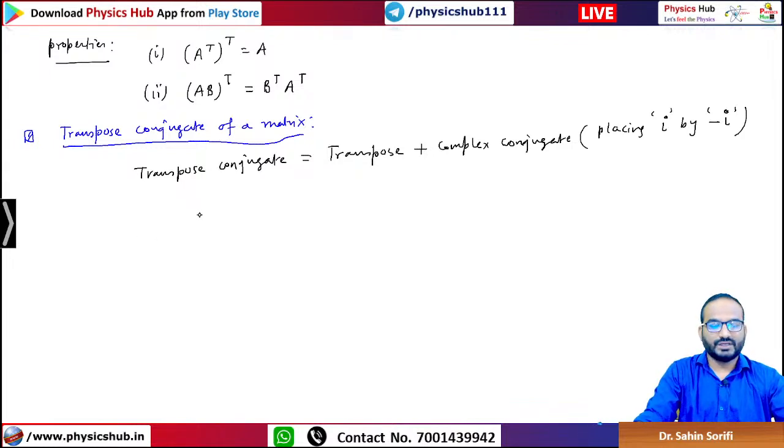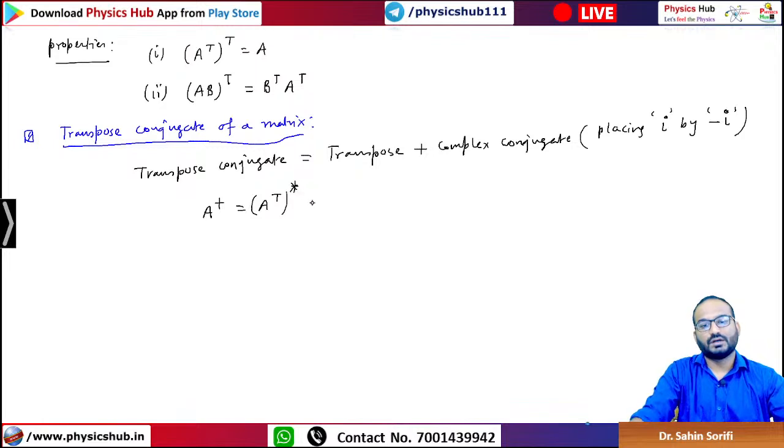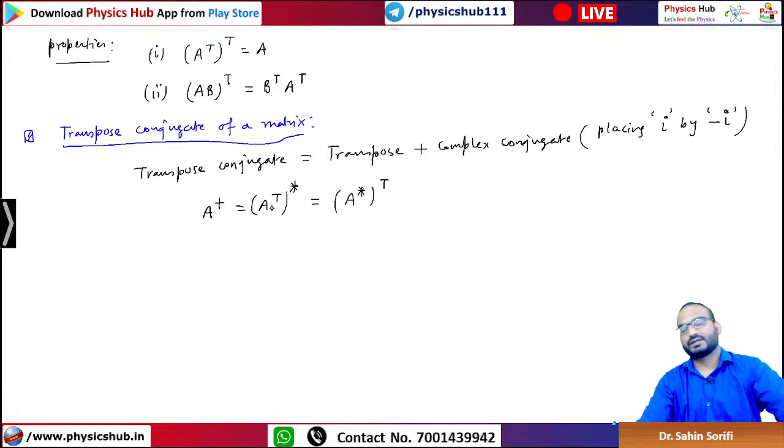So transpose conjugate is written as a dagger. This symbol is called dagger. You have to first take transpose, then you can take complex conjugate, or you can first take complex conjugate and take the transpose. This order doesn't matter.